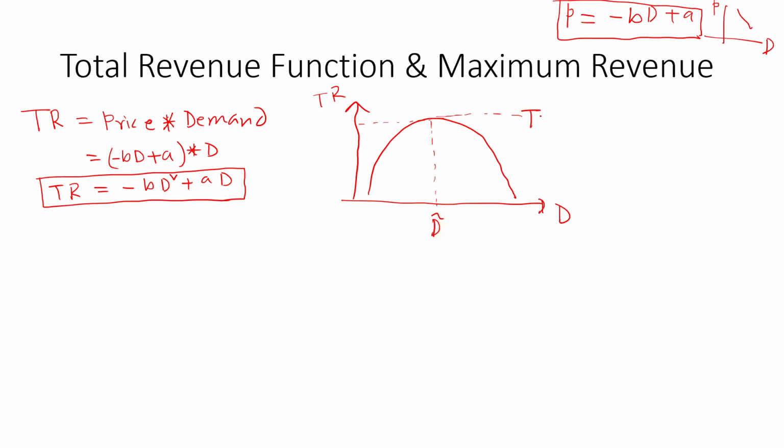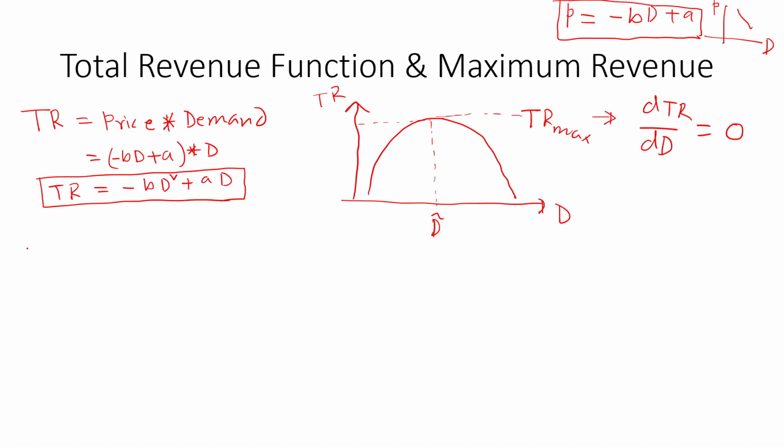This is where the maximum revenue occurs. To find this, we can differentiate the total revenue with respect to the demand and set that to 0 to find out the demand for which the maximum revenue will occur.